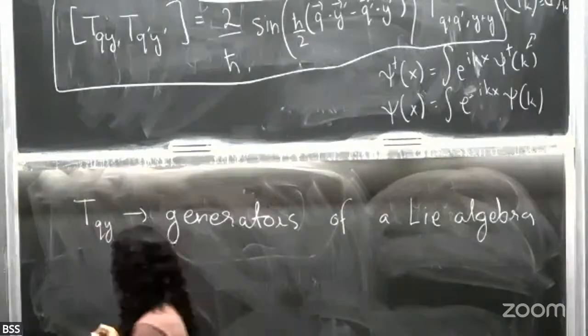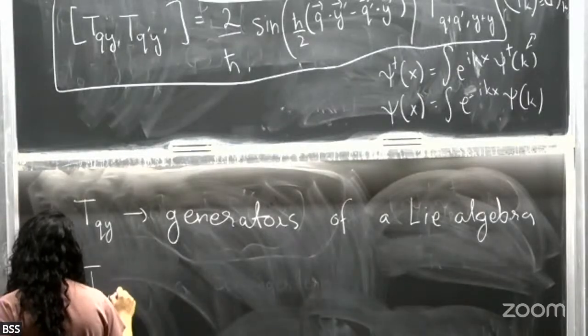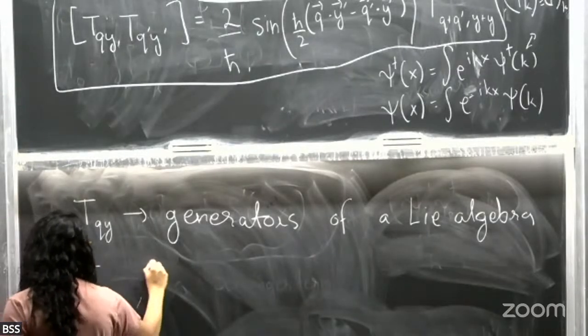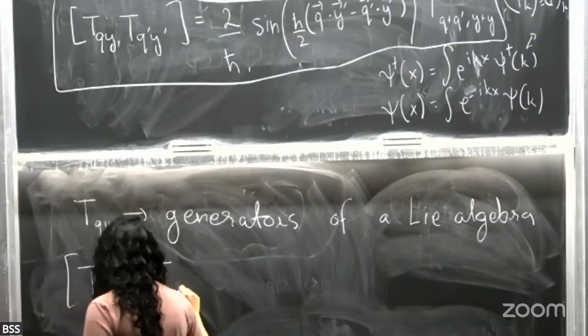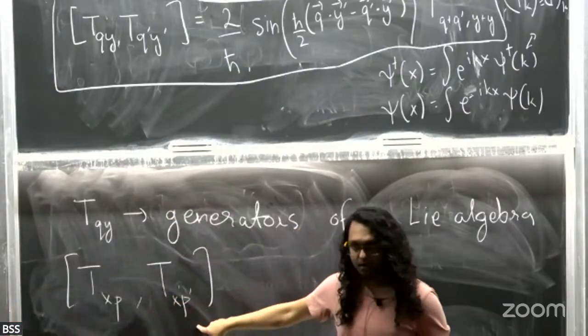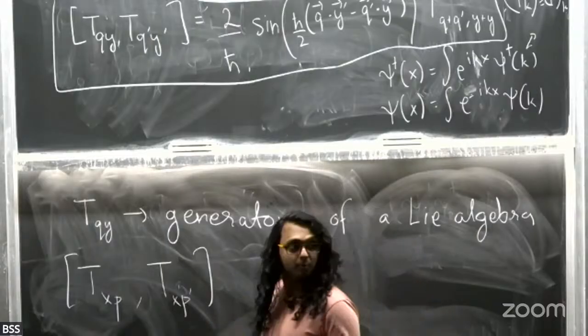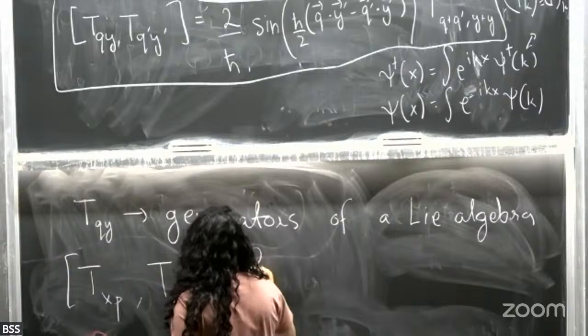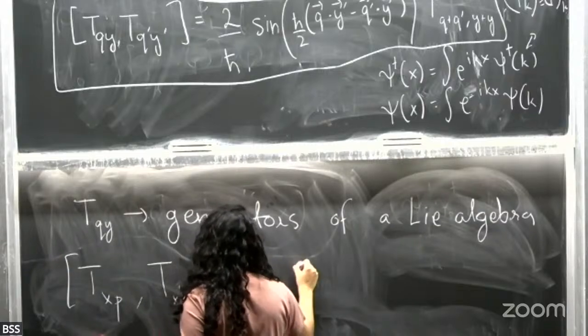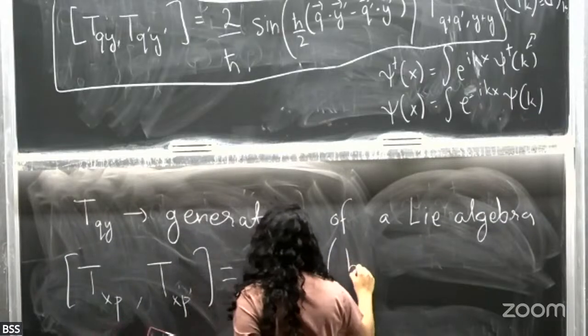And just for completeness, let me write the semi-classical phase space-like form of this, which looks like 2 over h bar, and then sine of h bar over 2.